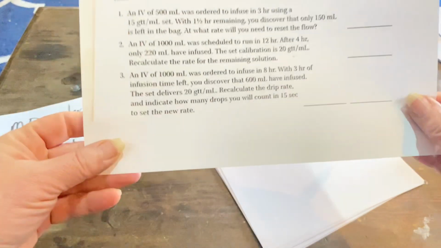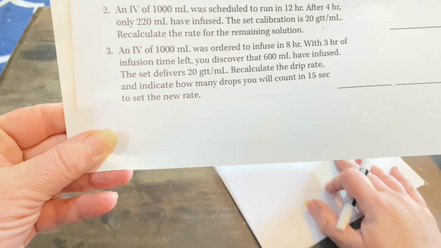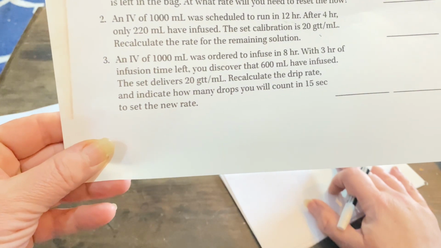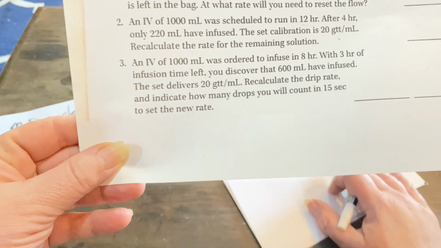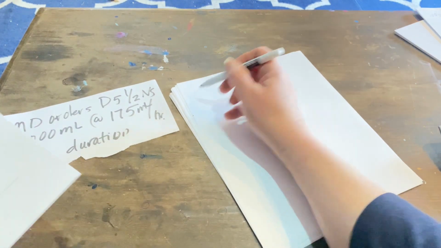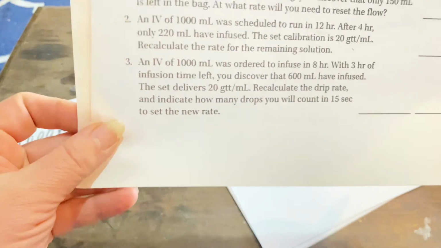Okay. Look at number 3. An IV of 1,000 milliliters was ordered to infuse in 8 hours. With 3 hours of infusion time left, so that's what we have to work with.